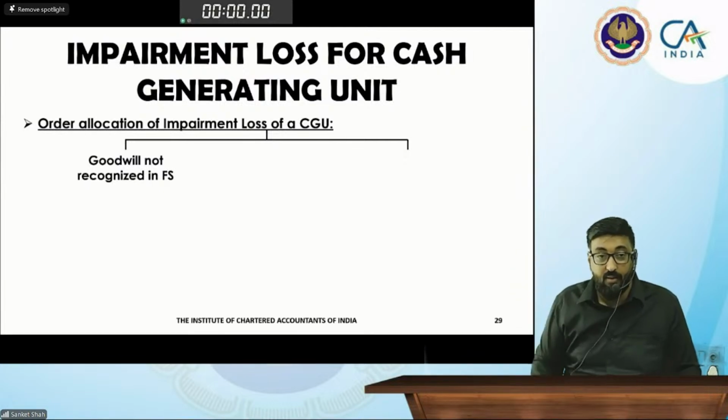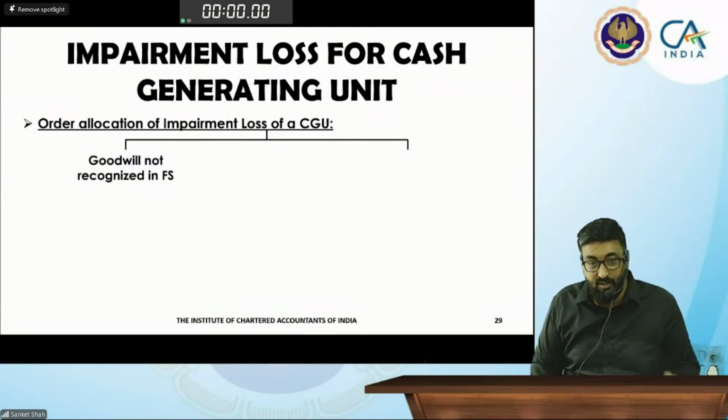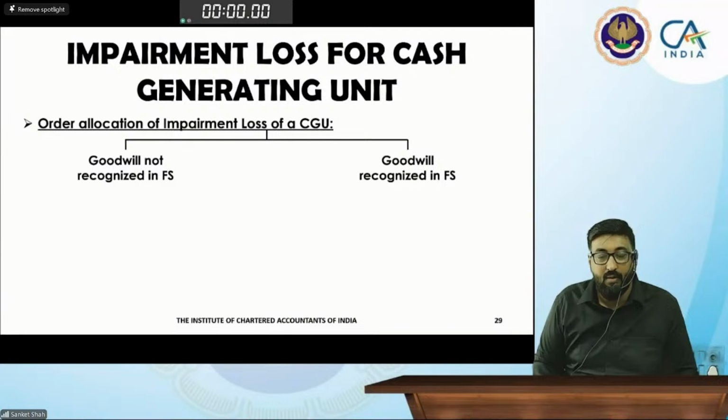Now see, now I will see your logic here, Rachna ji. Now you understood there are 2-3 CGUs. Goodwill is not recognized in the financial statement, and goodwill is recognized in the financial statement.